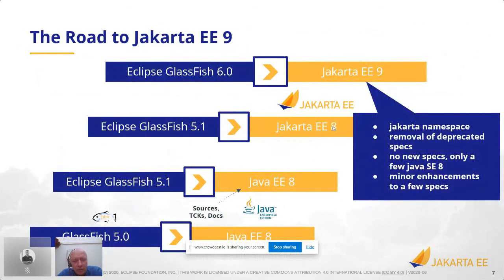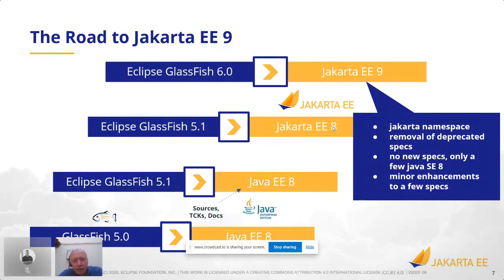So as I said, we started with GlassFish 5.0 from Oracle, which was Java EE8 compatible. We moved to Eclipse GlassFish 5.1. All the source code for GlassFish was moved over into the Eclipse Foundation, donated by Oracle. Then Eclipse GlassFish 5.1 was built from Eclipse sources, released under the Eclipse license, and was seen to be compatible with Java EE8.